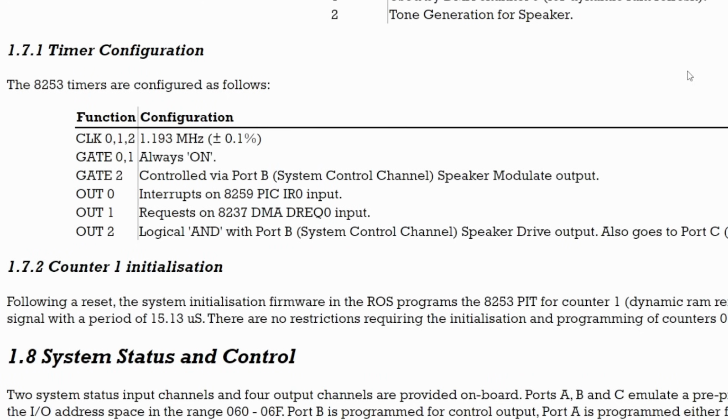After doing a little bit of investigation in the technical manual, I've managed to answer some of the questions that I had, and a little bit of a look at the schematics finished the rest. So let me show you what I found. So the timer, that's the programmable interval timer, actually runs on a frequency of 1.193 megahertz, and this is actually a fraction of that 28.6 megahertz crystal, the 2 times NTSC one.